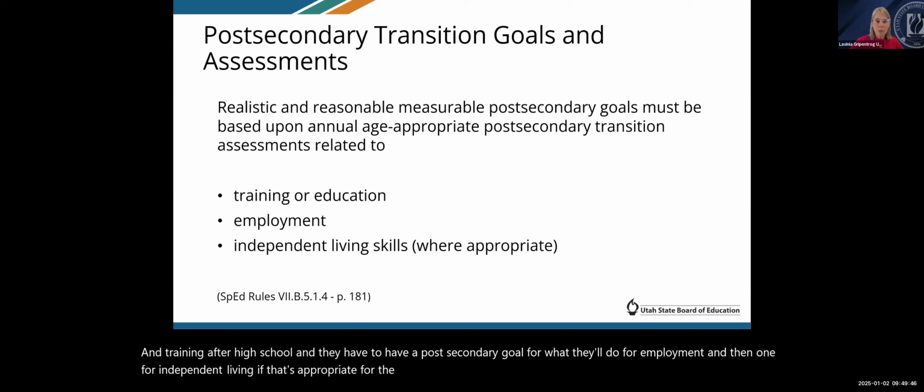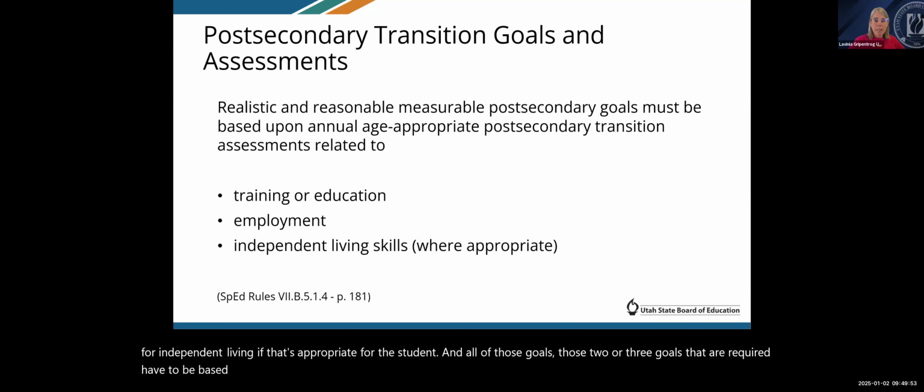And all of those goals, those 2 or 3 goals that are required, have to be based on those age-appropriate transition assessments. So we have to see alignment between what the assessments are saying, and does that connect directly to that student's post-secondary goals.